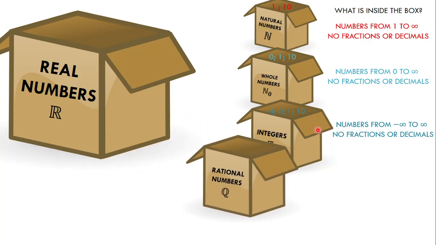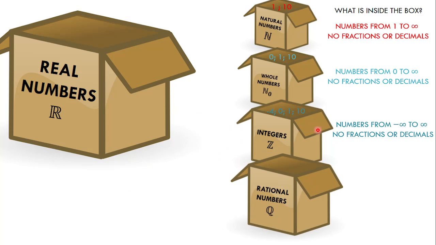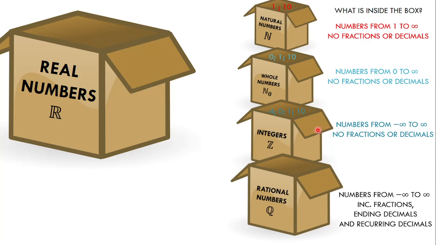Let's look at our last classification here. We have rational numbers. This is where you have your fractions, your ending decimals, and your recurring decimals. Let me share some important information here. Who can think why we have that Q? What does this Q stand for?